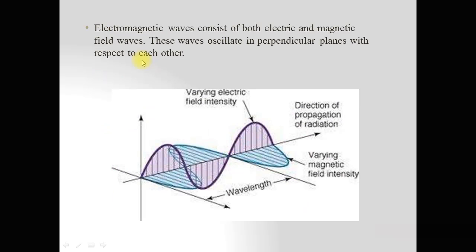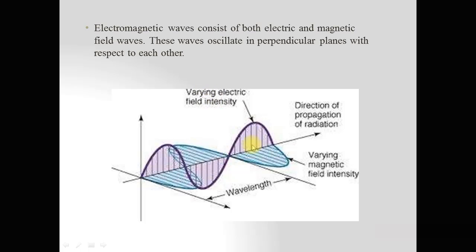Now electromagnetic waves consist of both electric and magnetic field waves. These waves oscillate in perpendicular planes with respect to each other.